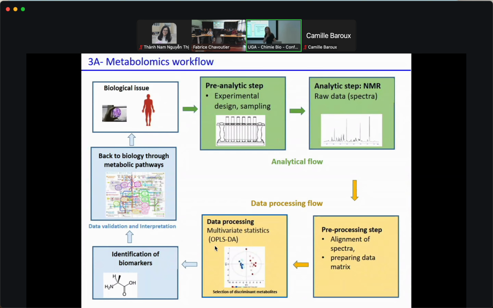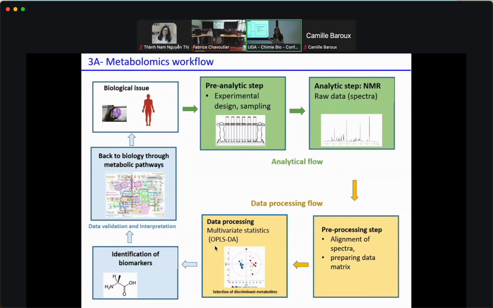As I said before, metabolites are very rapidly degraded, so it is necessary to choose the samples which are the most representative of what we want to study, but which can also be relatively well preserved and not too much destroyed during the sampling step.